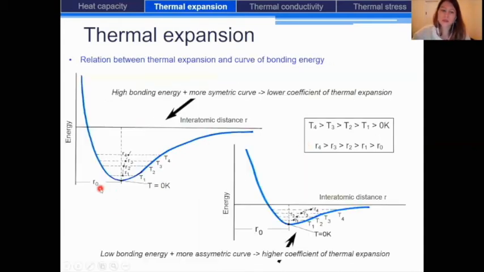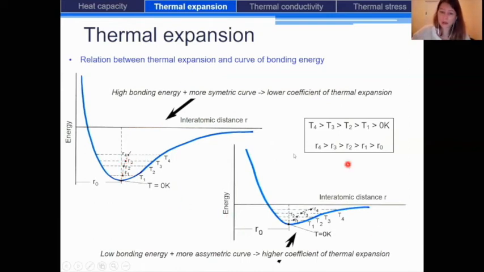So in this first case, we have a high bonding energy because the minimal energy right here is low, and we have a more symmetric curve, which means that the coefficient of thermal expansion will be relatively small.